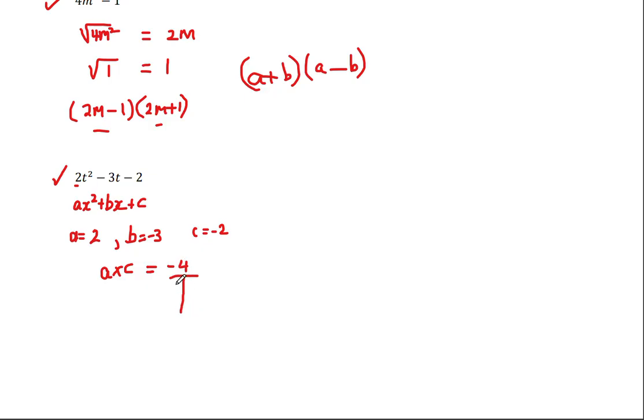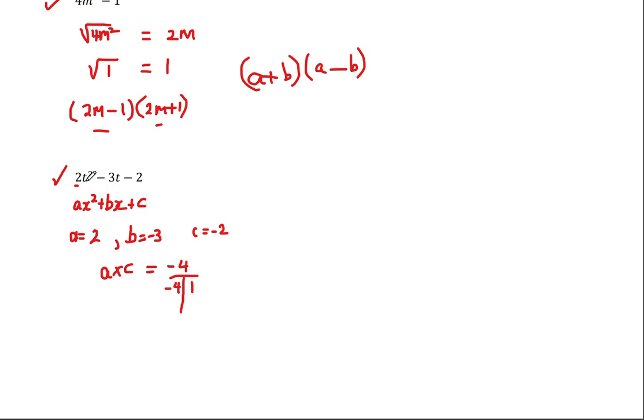So let us think of some numbers here. Let us think of, for example, negative 4 multiplied by 1. Negative 4 multiplied by 1 gives us negative 4, which is AC. And when I add negative 4 to 1, I get negative 3. So negative 4 and 1 will work. Those are satisfactory.